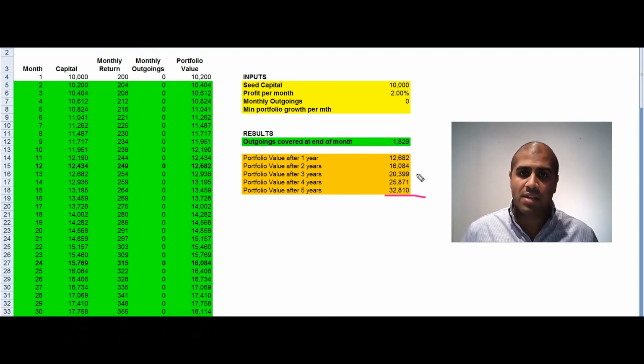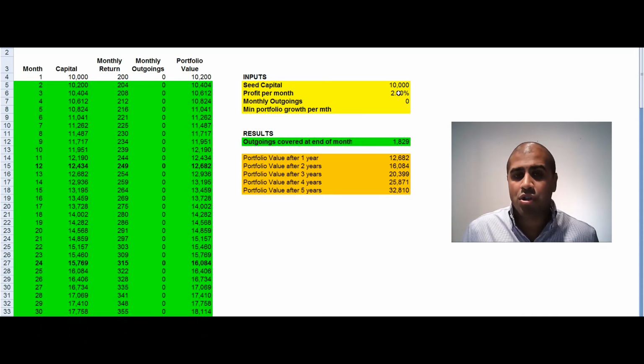For other people, it's like, well, I'm looking for a little bit more. But the key thing is this: you don't need such crazy, unrealistic returns, where you're always going to get frustrated that you're never making enough. Because if you look at this example, at 2% per month, you've made 32k after 5 years' time.